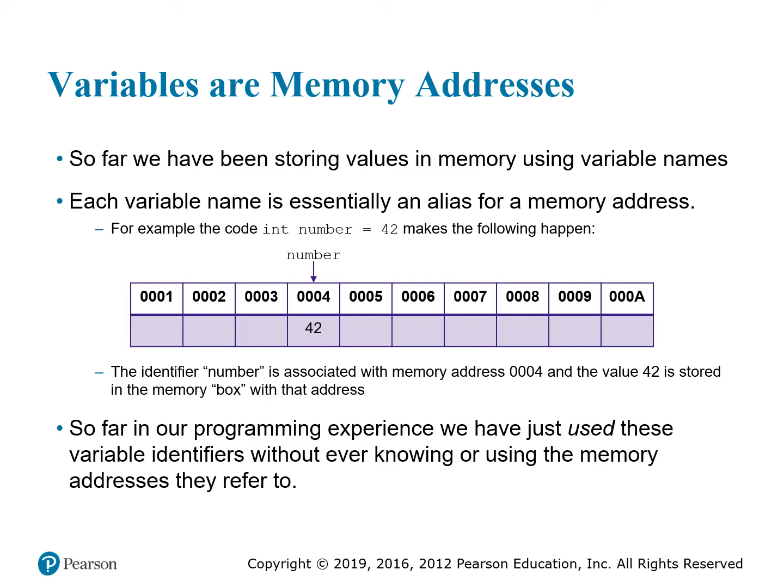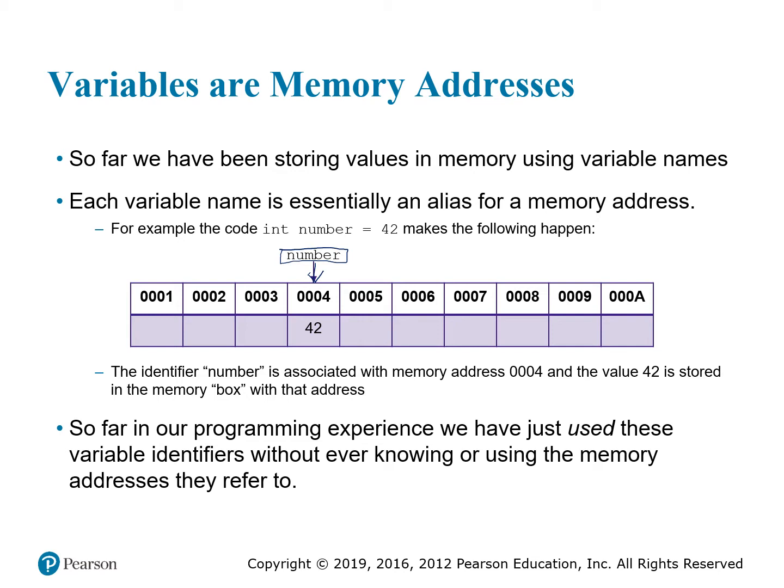So if we write in the code int number equals 42, the system creates a variable called number, and it points to essentially an arbitrary memory address. In this case it's memory address 0004.